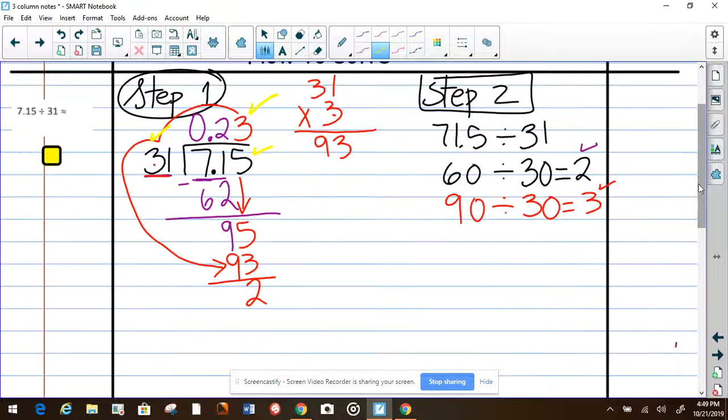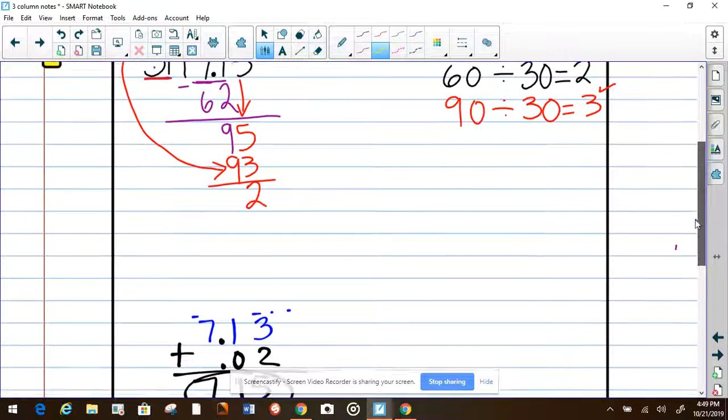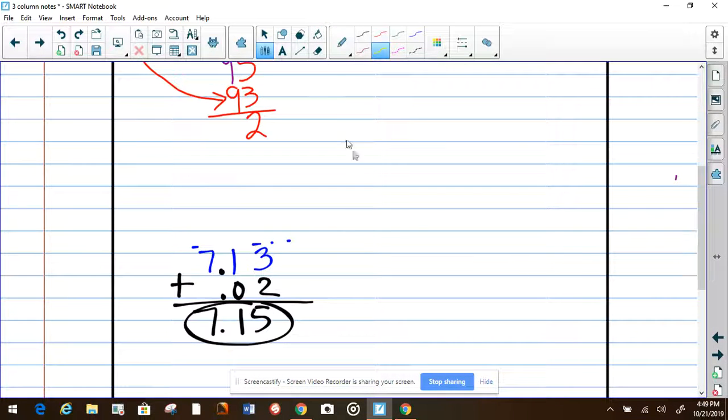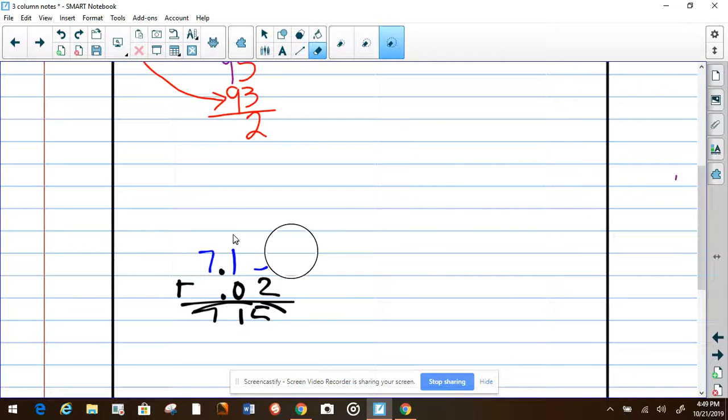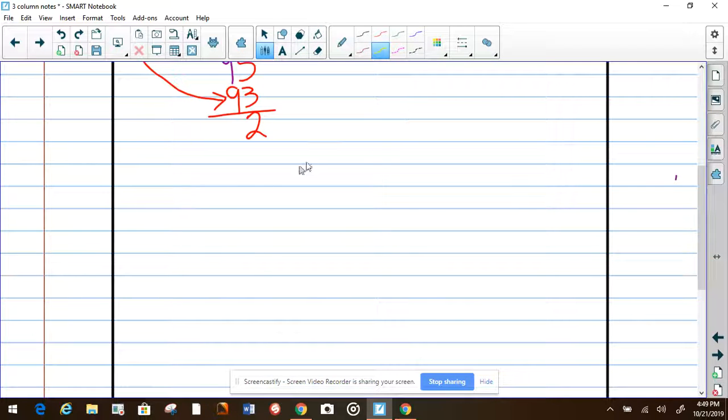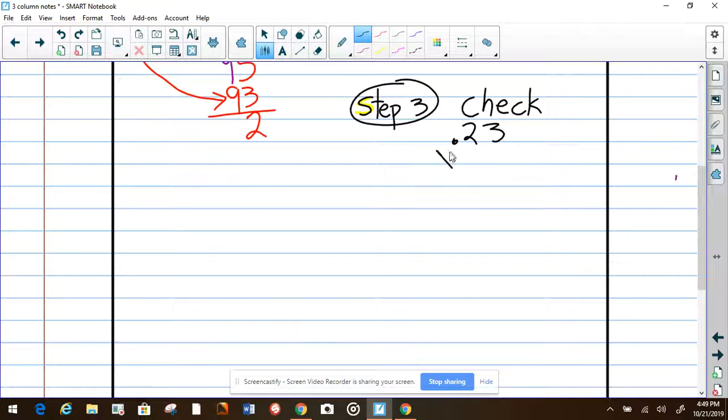All right, let's do that. 2.3 times 31. Let me erase this writing here. So, Step 3, check. And it's going to be 2.3 times 31.